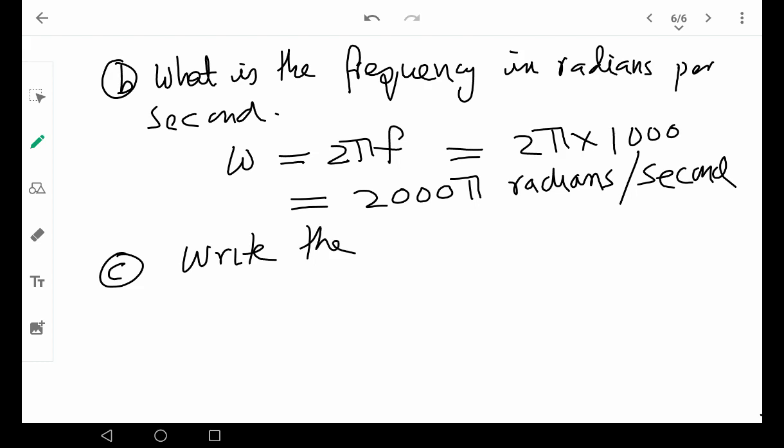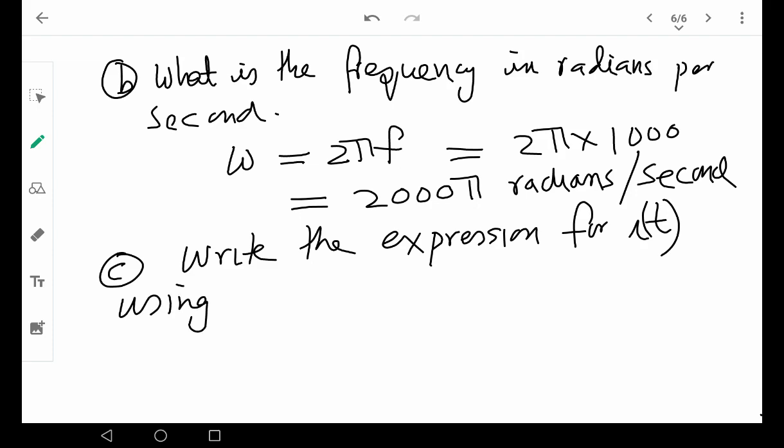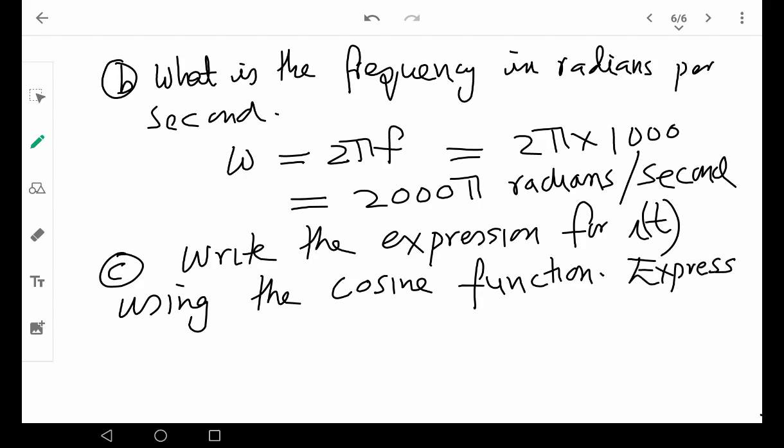Write the expression for the current i(t) using the cosine function, and also you have to express phi in degrees.